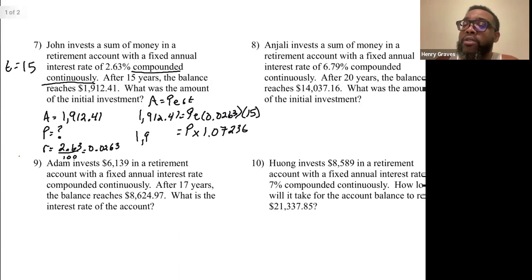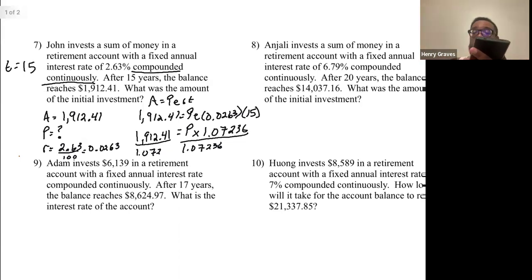I'm going to divide both sides by 1.07236 to find what P is equal to. So 1,912.41 divided by 1.07236.